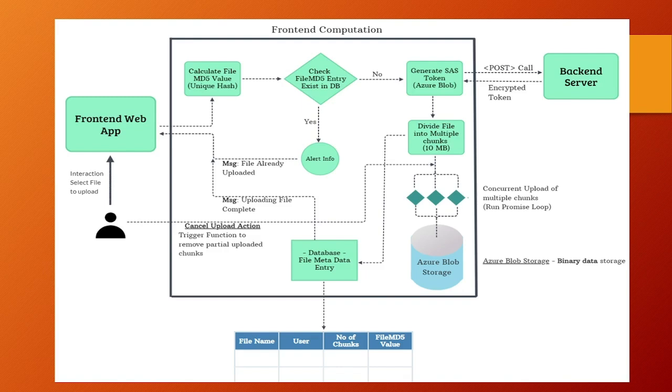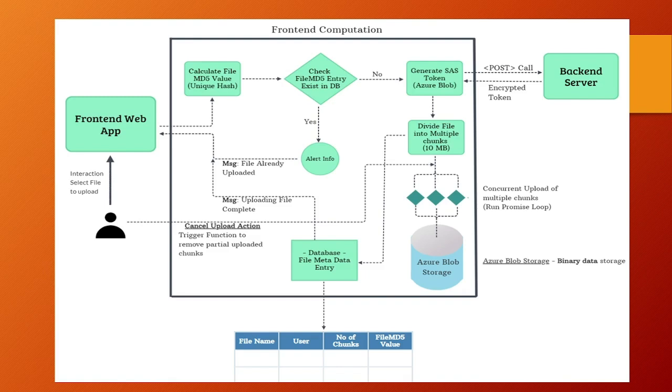For each 10 MB chunk we create one promise, and once that chunk is uploaded to Azure Blob Storage, we create further promises for the remaining chunks. So at a time we can have 10 chunks running in parallel. Once all 10 chunks have been processed by the uploader, we take further chunks.